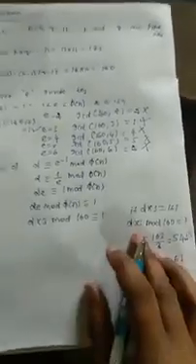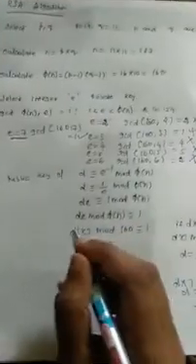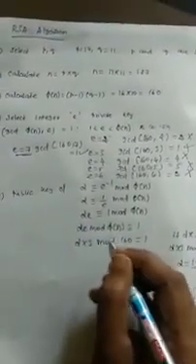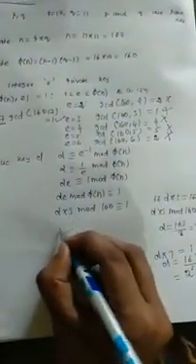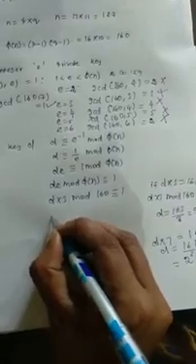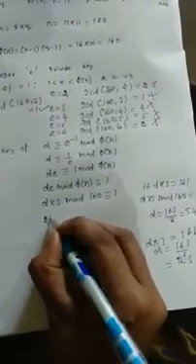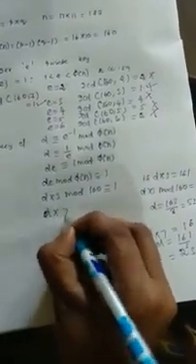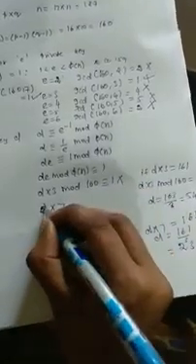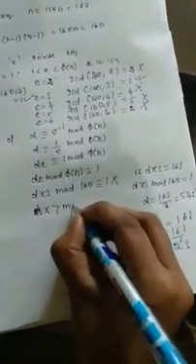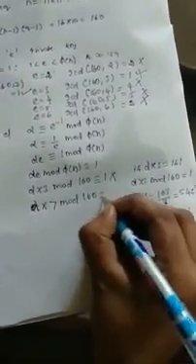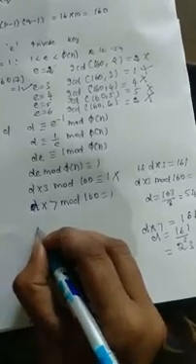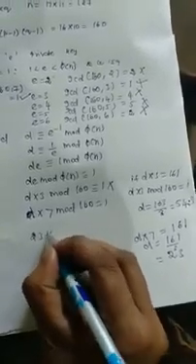If we select the value E equal to 7, then we get the value of D as 23. Now we have selected E equal to 7, and we got the value of D as 23.